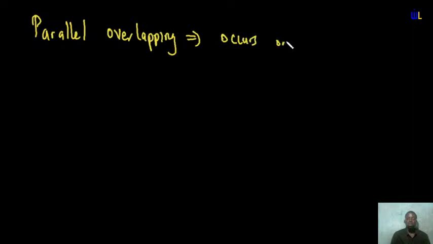Number one is that parallel overlapping occurs on the side. These are things I would like you to write down. Number one is that it occurs on the side of the orbitals. The second point about parallel overlapping, it leads to the formation of pi bonds.